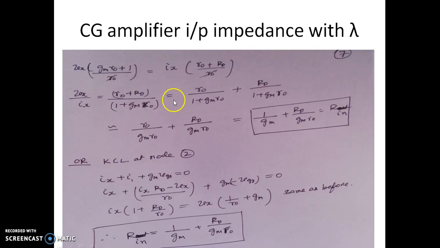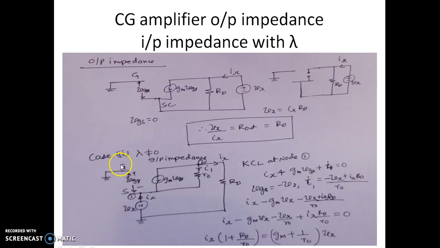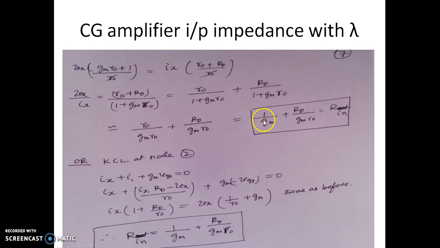So this is the input impedance of a CG amplifier with lambda non-zero. It is not simply 1 over Gm. It is 1 over Gm when lambda is 0. When lambda is non-zero, we have one more term, Rd divided by Gm into R0. So it is only 1 over Gm if lambda is 0, plus another term if lambda is non-zero.